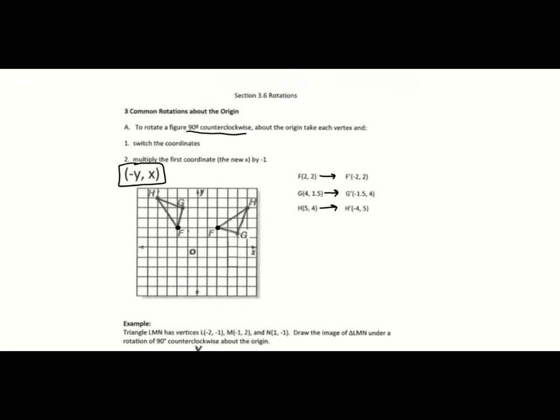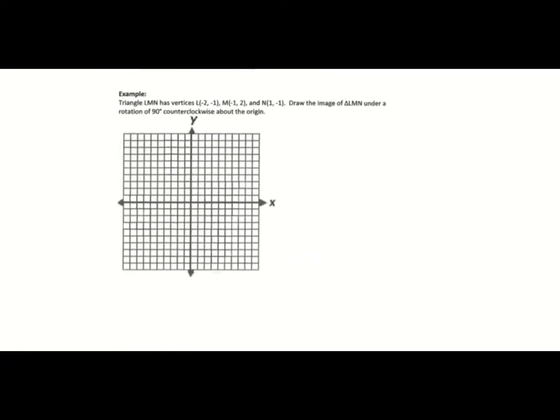It's important to remember 90 counterclockwise is this transformation. So if we look at our points, let's start by graphing. We have L is -2, -1. M is -1, 2. And we have N at 1, -1. This is our original triangle.